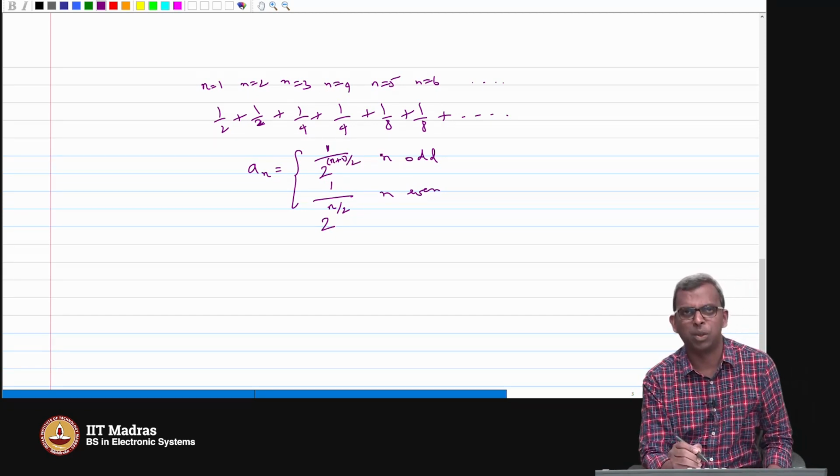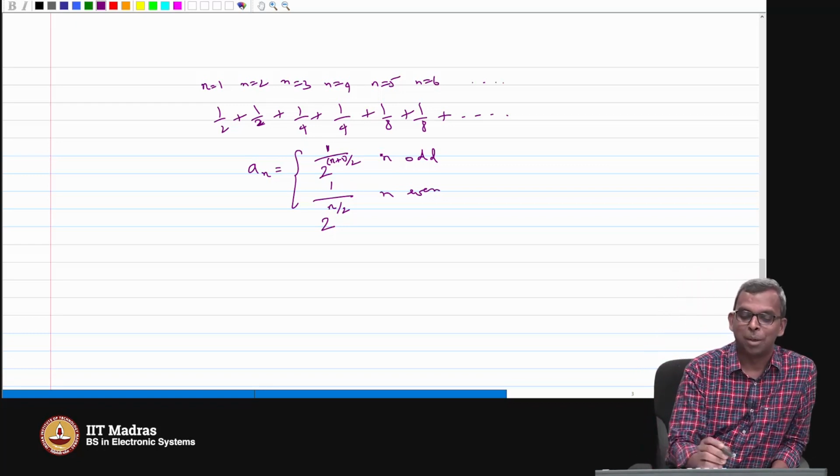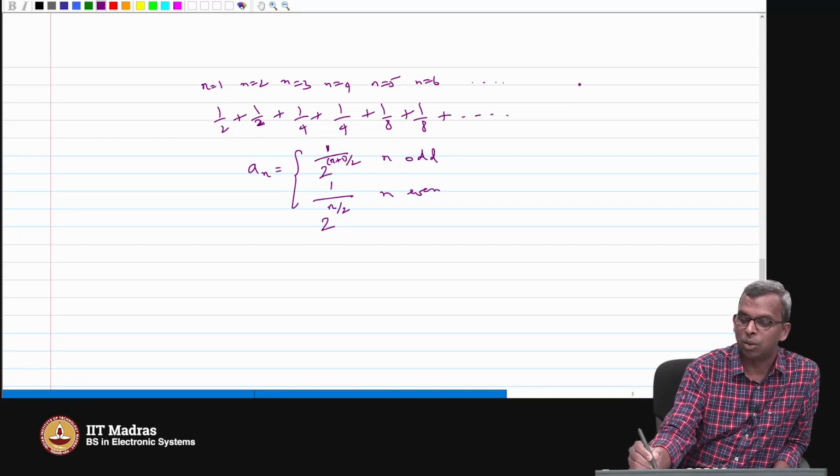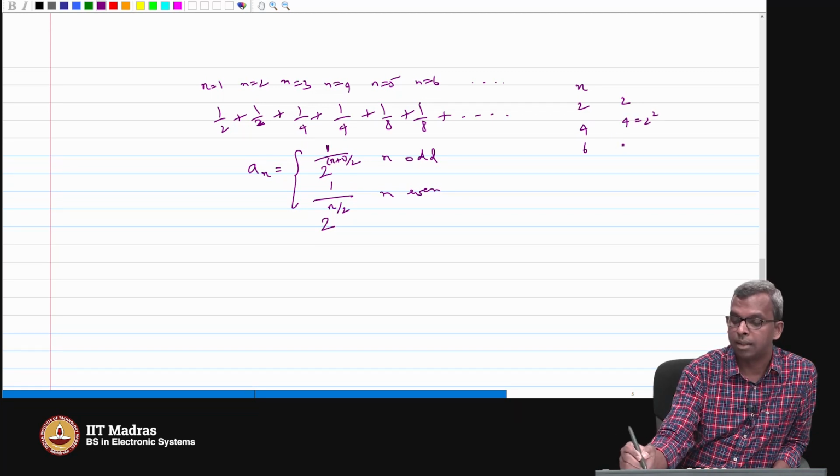That is the correct way to write it. This involves a little bit of trickery, I know, but you have to write it down very carefully. So you see n even and then the term. What is in the denominator? If n is 2, the denominator is 2, then n is 4, the denominator is 4, which is 2 squared, and n is 6, the denominator is 8, which is 2 power 3.